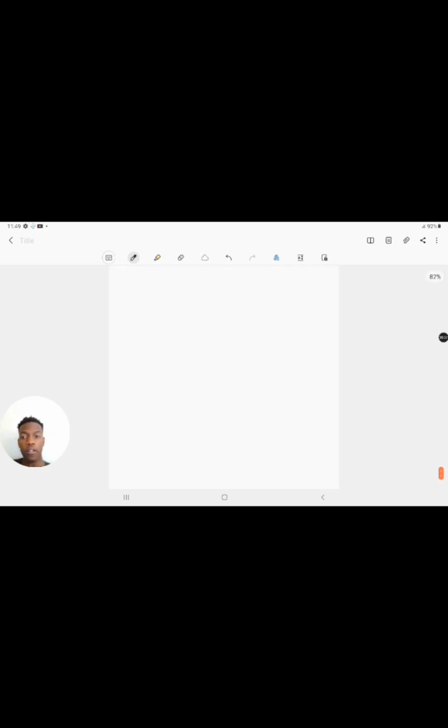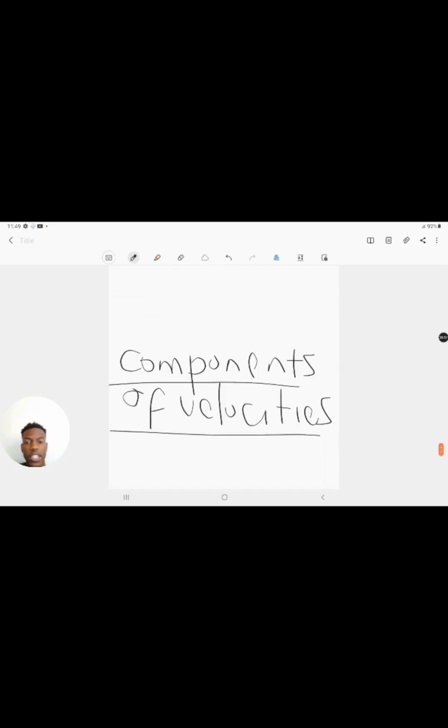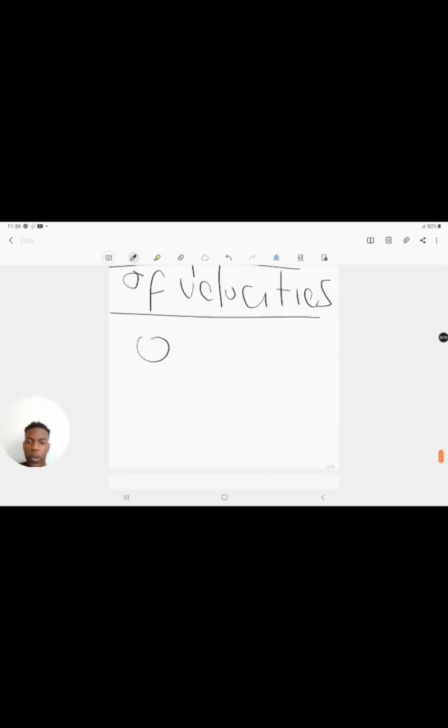Remember, in order for us to find the components of the velocities, say we had a velocity like that, right? We have a velocity v, and in that direction we've got that velocity.